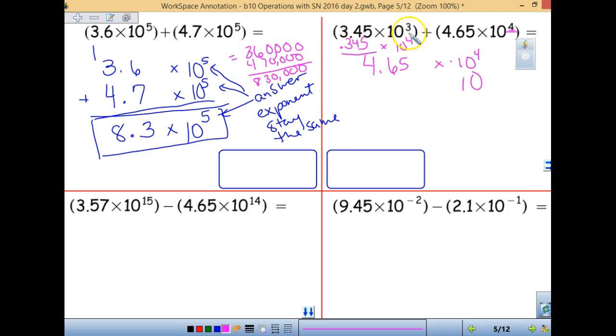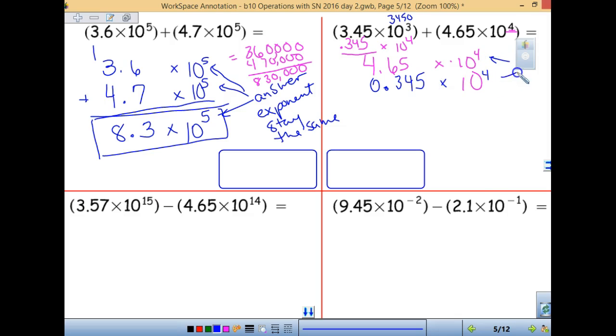Are these 2 exactly the same answer? Okay? And if you're not sure, remember, you can move this over 3 places and get 3, 4, 5, 0. And if I move this one over 4 places, 1, 2, 3, 4, it'd give me the same thing, right? So I am going to line up my decimal points: 0.345 times 10 to the 4th.